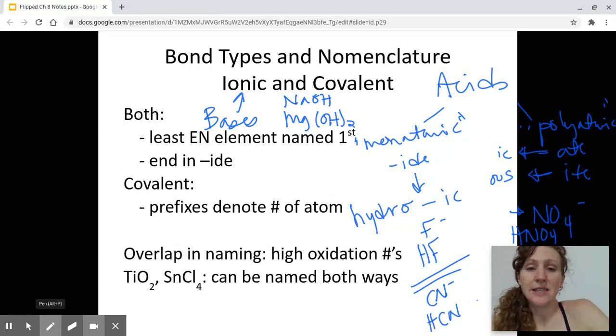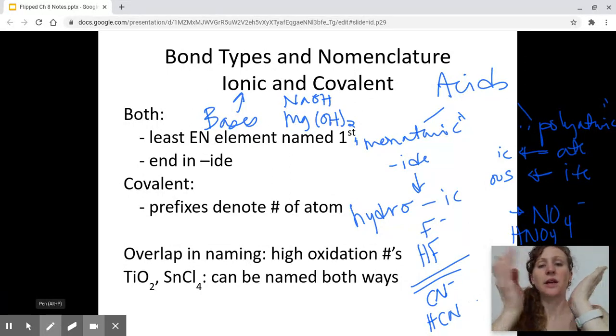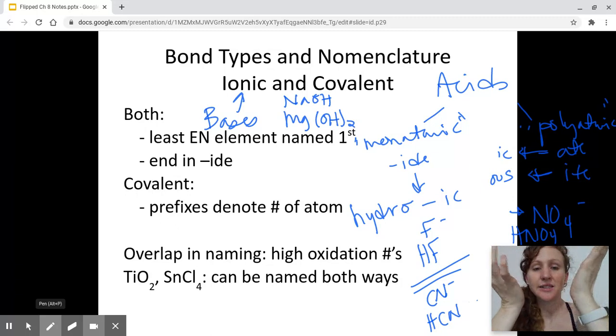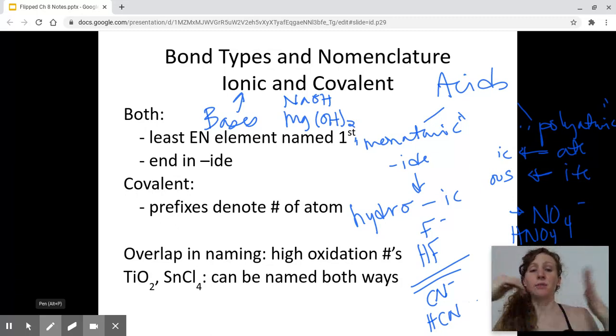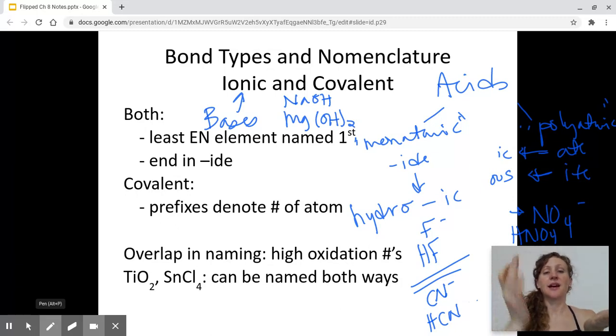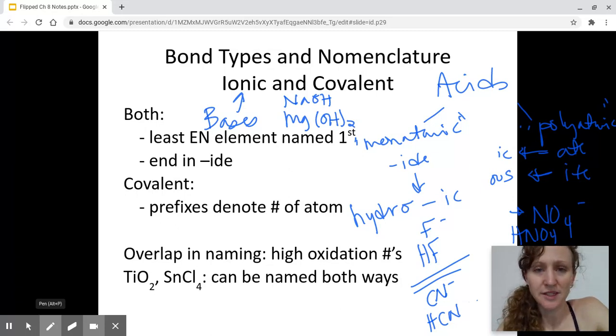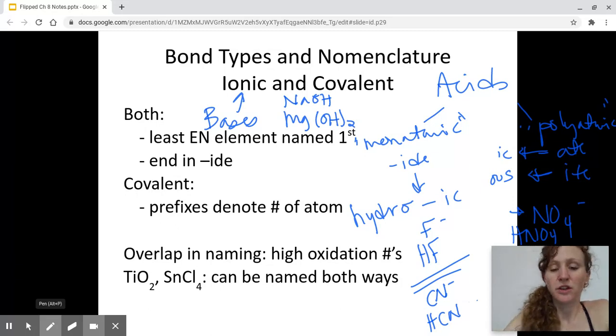They just get named as ions. So it's going to be sodium and hydroxide ions inside, so sodium hydroxide for the first one. And then same thing, the magnesium ion is inside that, the hydroxide ion is inside that. So it's just magnesium hydroxide. You just have to remember not to indicate the two, because it is an ionic compound, and ionic compounds don't get prefixes for the number of each ion we have, because we can figure them out.